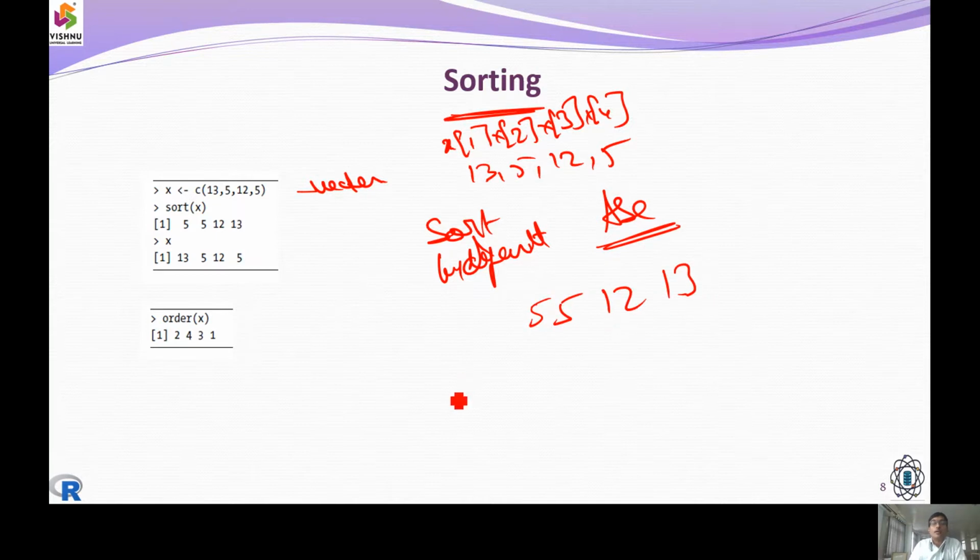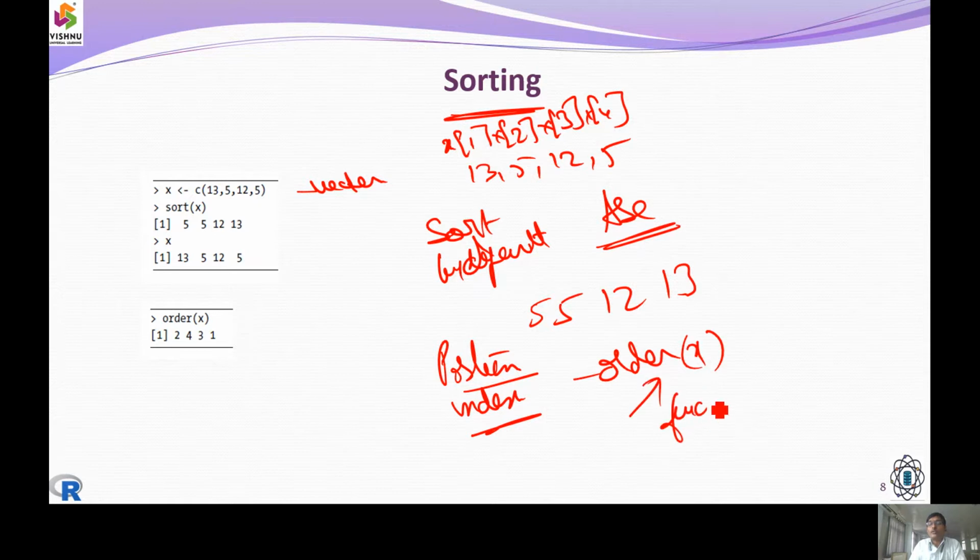Now, I want the positions, or I want to find the index. For that, we are going to use the order of x as a function. So we can say, where did this first 5 come from? It came from second. Where was the second 5? It came from fourth.